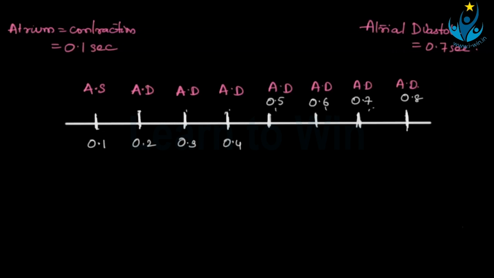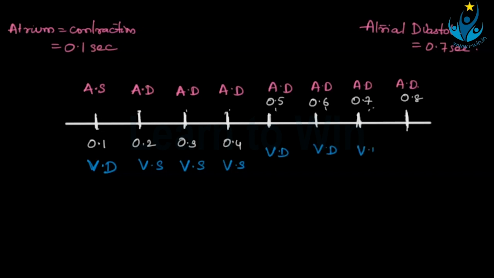Correct? Now, if I put the ventricular ones at the bottom, we know that when atrial systole is happening, the ventricle is actually under relaxation. So at this time you have ventricular diastole, VD, followed by ventricular systole, which lasts for 0.3 seconds. Then you have again ventricular diastole.